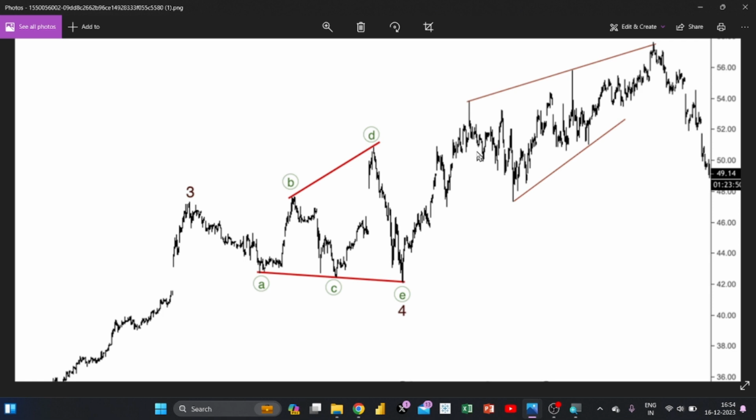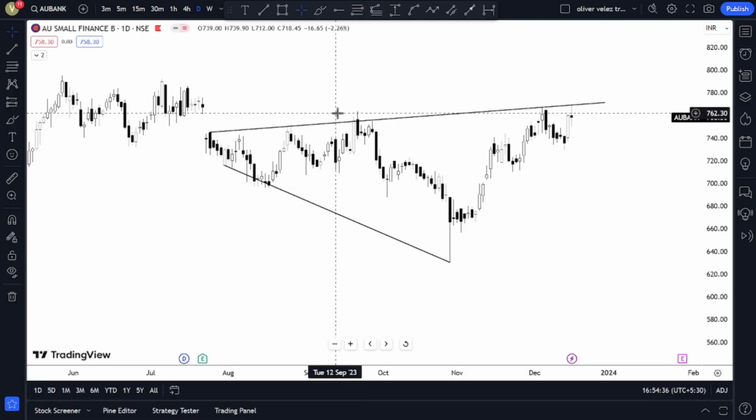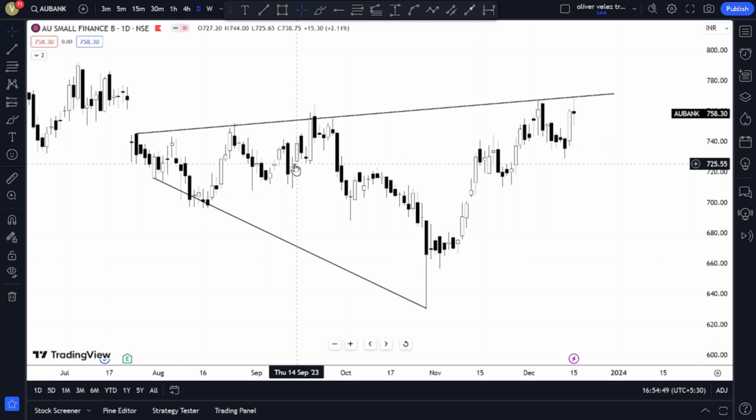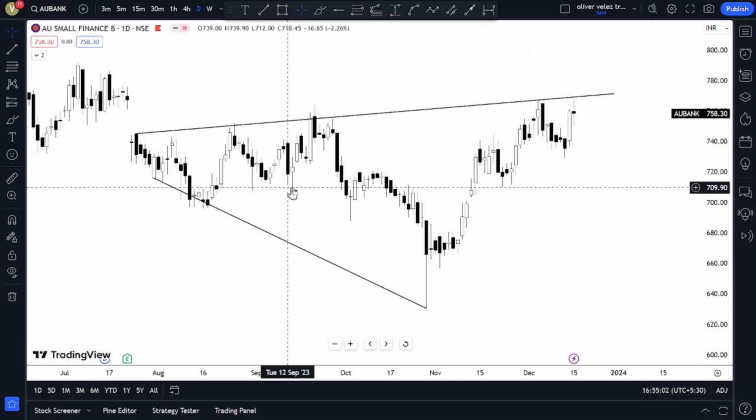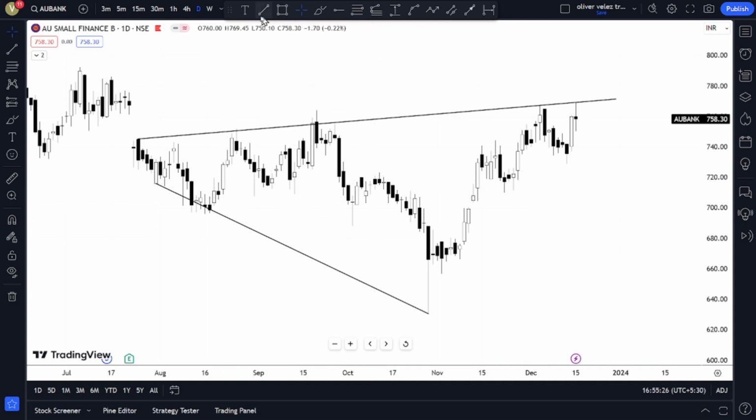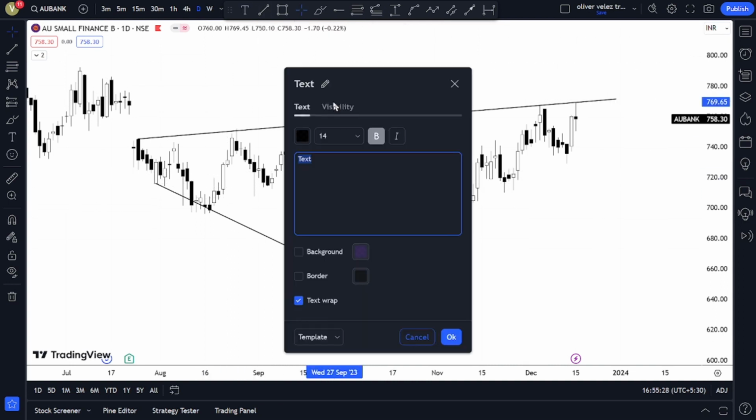Then we can go to our chart. We have seen how an expanding triangle works, and the same pattern formed over here, so we can mark it as an expanding triangle.